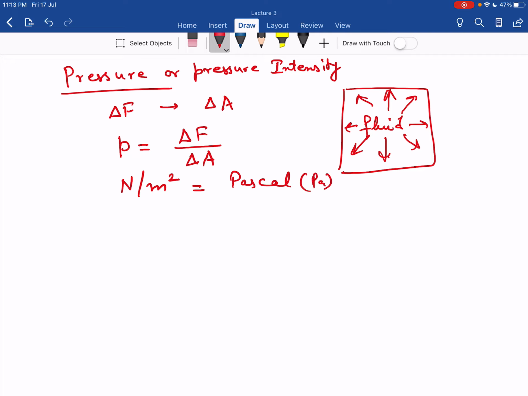The other unit for this pressure is bar. So 1 bar is equal to 10 raised to power 5 Newton per meter square.